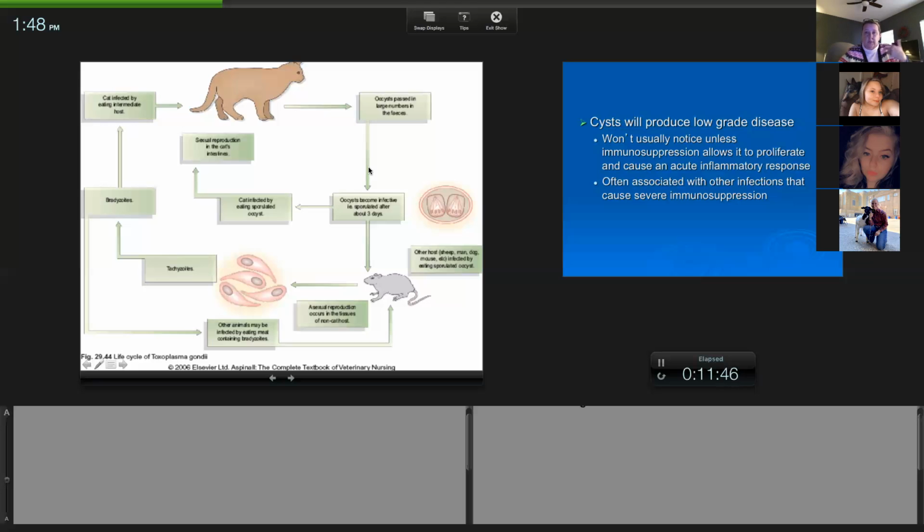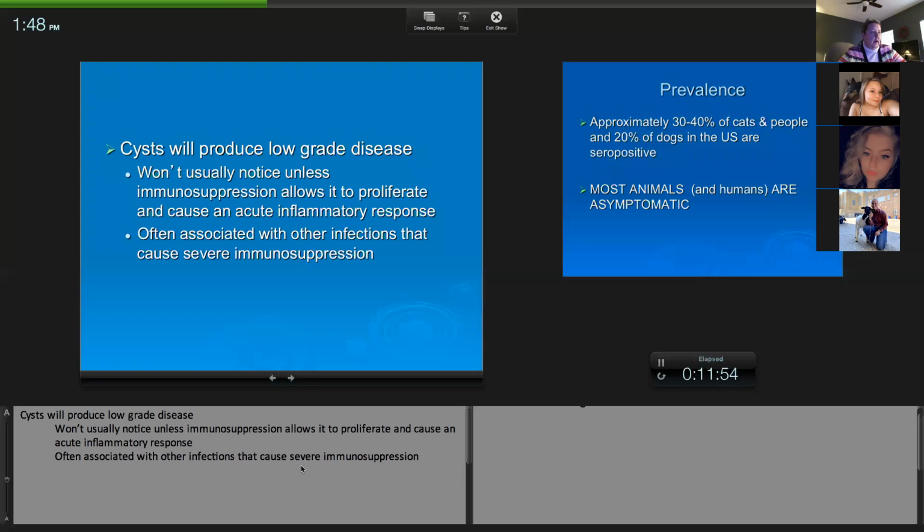So, especially if they're outdoor, they're going to have a higher chance of getting this versus an indoor cat, and we'll talk about that. So the cysts typically produce a low form of the disease. A lot of times there's not a lot of clinical signs with this, but I've said this before, if you have an animal that has any immunosuppression disorder or they're on immunosuppressive drugs, and I'm talking high dose.